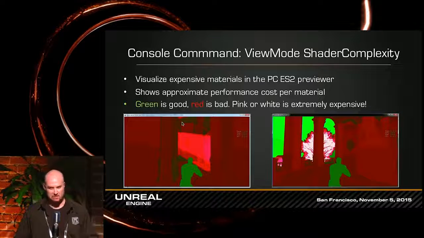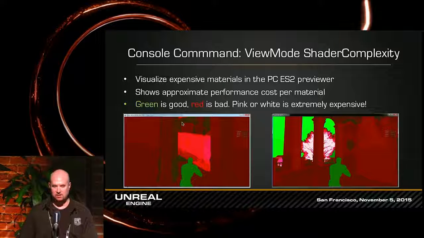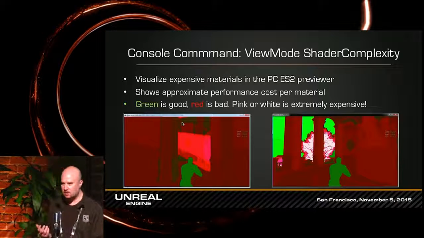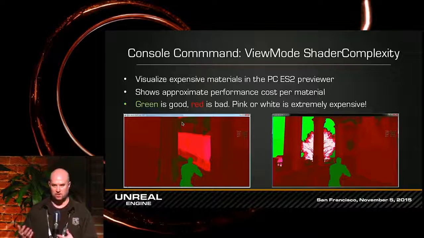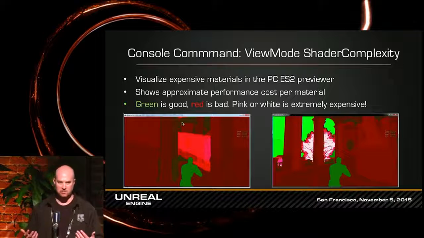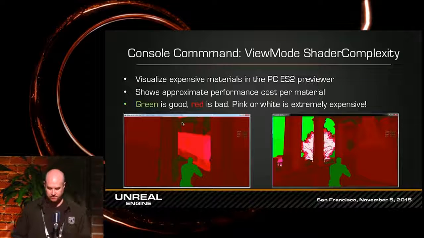Not GLSL instructions, or definitely not the hardware GPU instructions. But it's a good approximation. And I think there was a question whether you could change the coloring scheme. I believe that that is indeed an INI setting, so you can set the colors if you want to have a different range or your performance limitations are a little bit different than default.